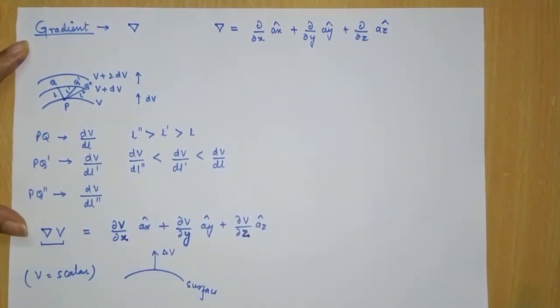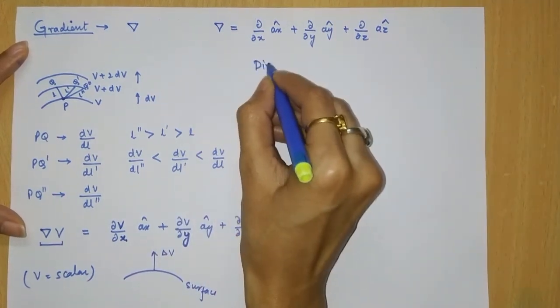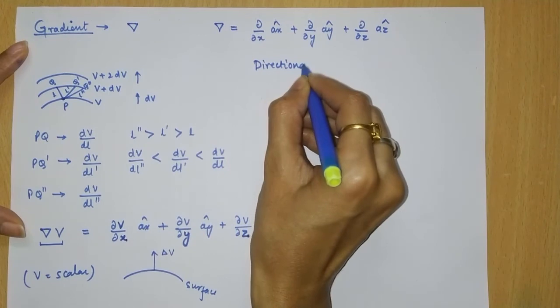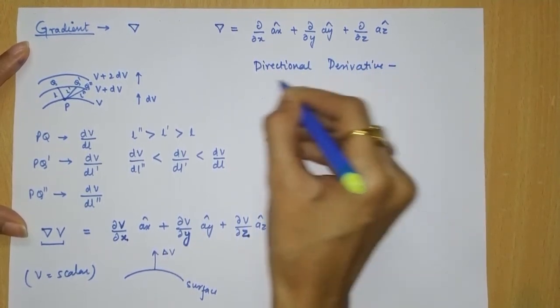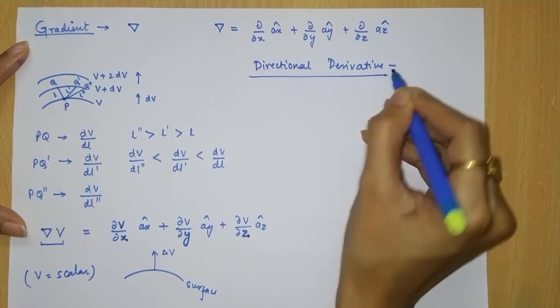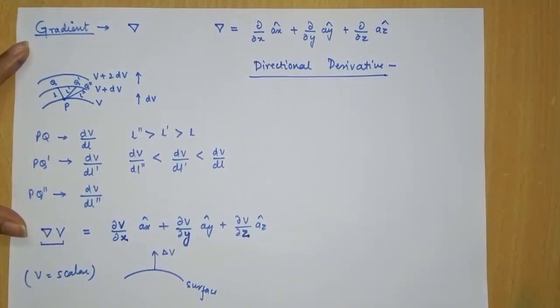Now, if we want to find out the directional derivative, what is this directional derivative? It is the derivative of a function in a particular direction.